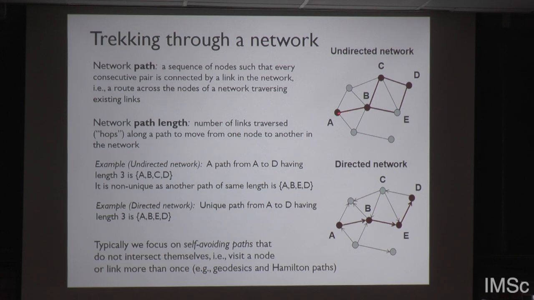You can go from A to B, from B to C, from C to D, and in this way get from A to D. The path length is the number of such edges that you have to go through to go from A to D. In this particular case, of course, it's non-unique. You can go from A to D either by following this path or by following this alternative path, which is A, B, E, D.